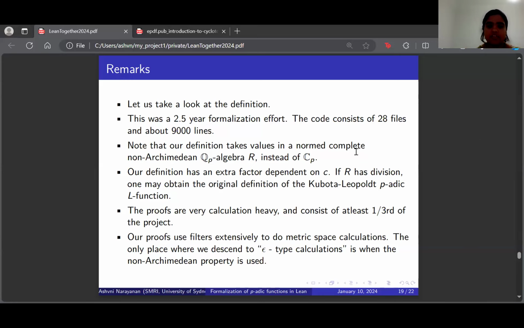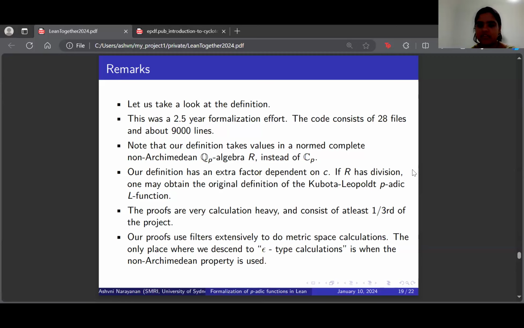Also, instead of C_p, this p-adic L function takes values in a normed complete non-Archimedean Q_p-algebra, which is a generalization. The only thing is there is an extra factor which is dependent on c, and that is because I did not assume that our target ring R has division.